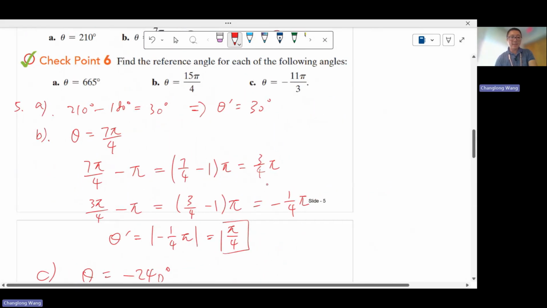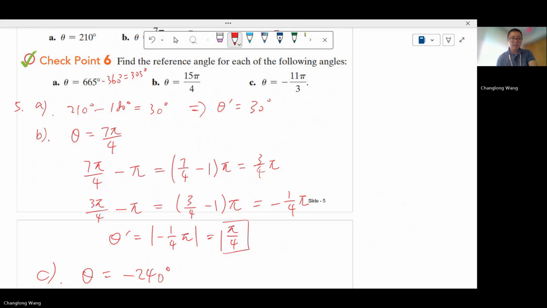So first, instead of 665, I'll subtract 360 from it. I'm getting 305. It's a big angle, but not insanely big. I hope you see right away, it's so close to 360. The difference is going to be 55. Isn't 55 the reference angle?